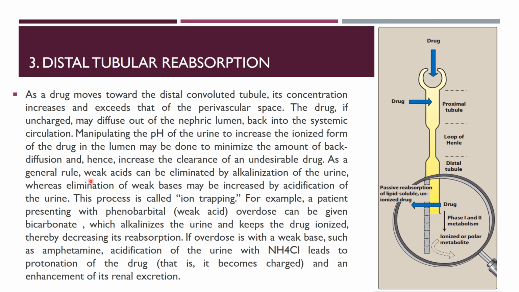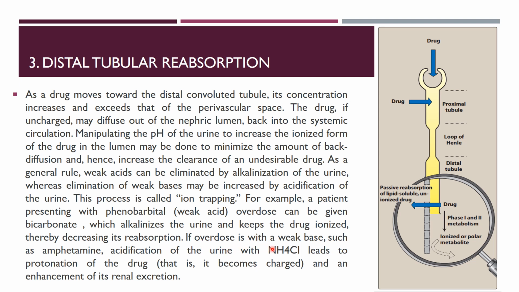As a general rule, weak acids can be eliminated by alkalinization of the urine, whereas elimination of weak bases may be increased by acidification of the urine. This process is called ion trapping. For example, a patient presenting with phenobarbital weak acid overdose can be given bicarbonate, which alkalinizes the urine and keeps the drug ionized, thereby decreasing its reabsorption.